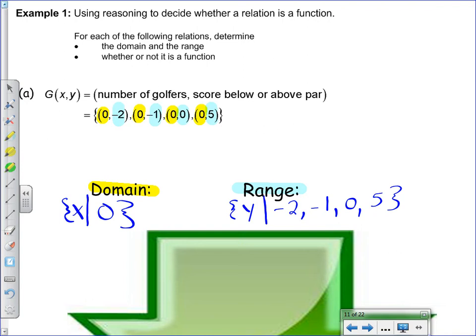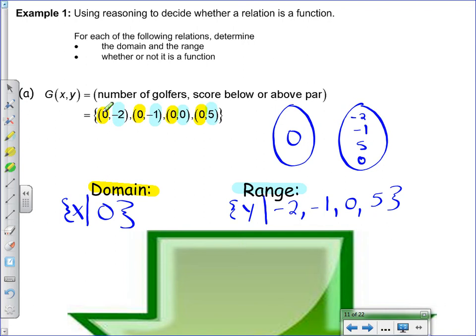Okay? Now, is this a function or not a function? It's not a function. Again, if I were to draw this in mapping notation, 0 would occur here. On this side, I would have -2, -1, 0 and 5.